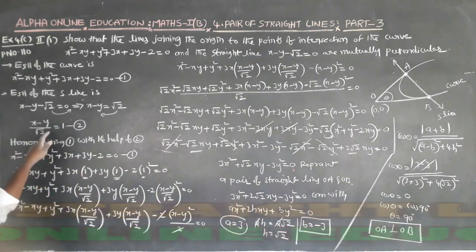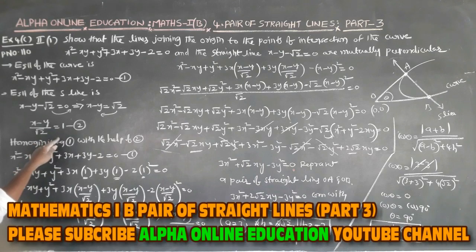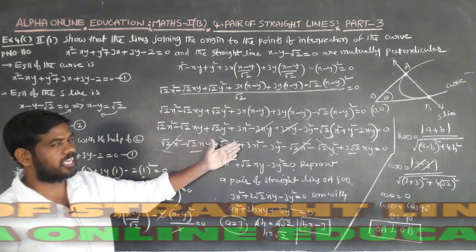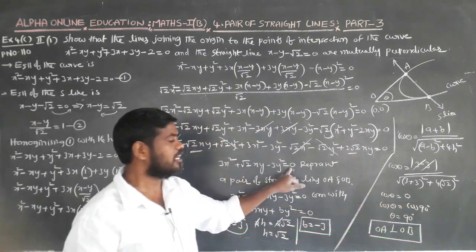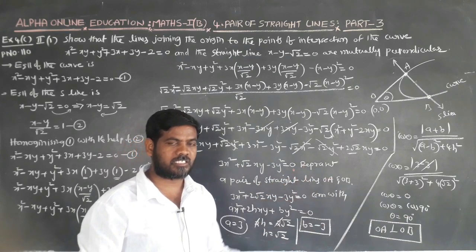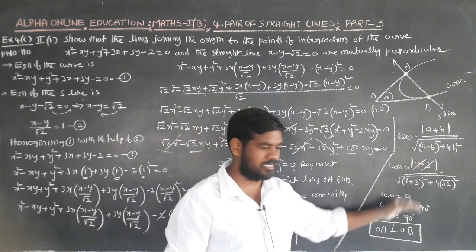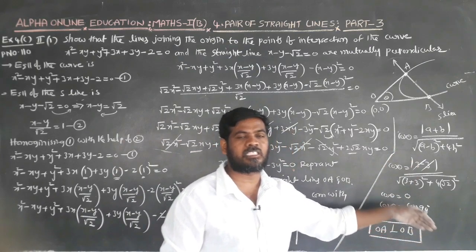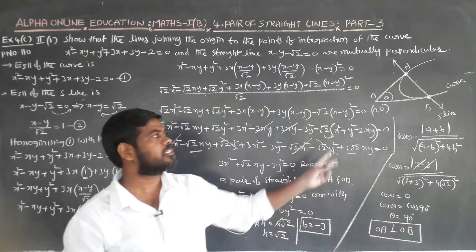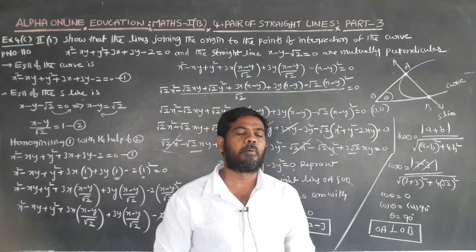Substitute x minus y by root 2 equal to 1 and simplify. This is the equation representing a pair of straight lines OA and OB. Here find the angle between the lines. The angle between the lines is 90, which means the two lines are mutually perpendicular.